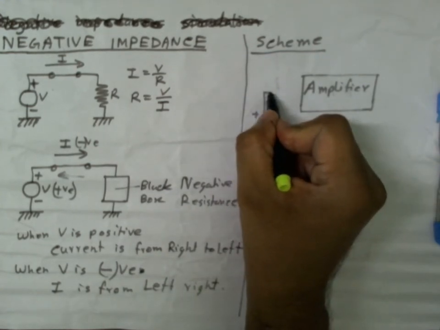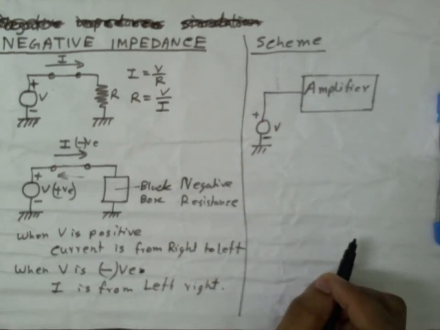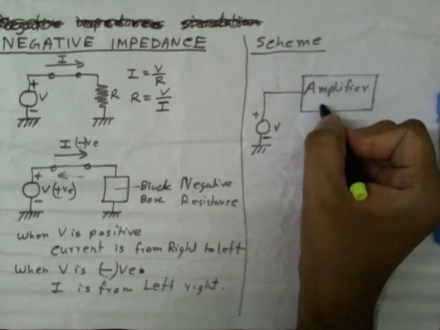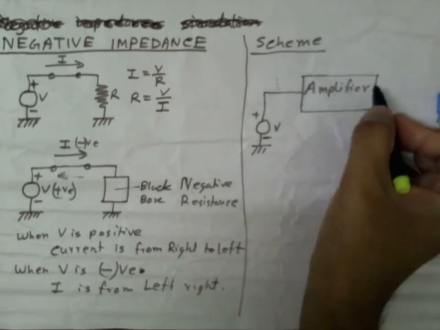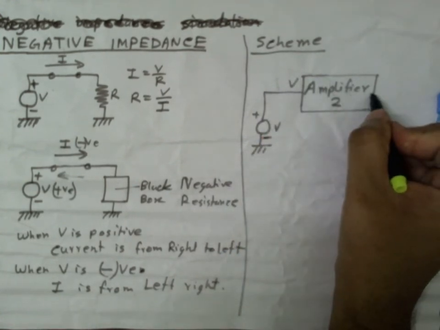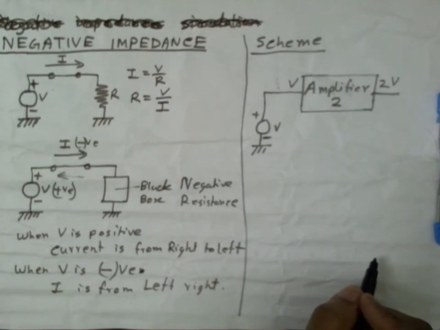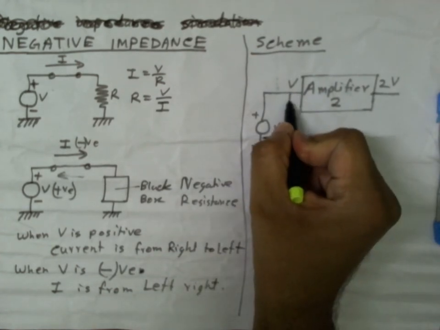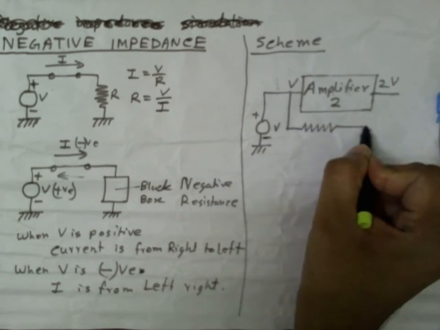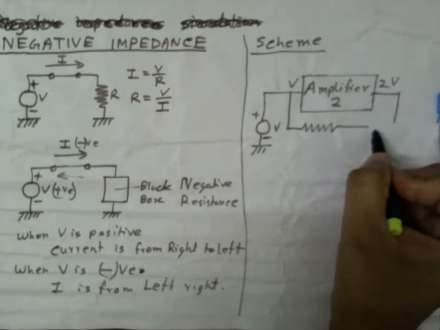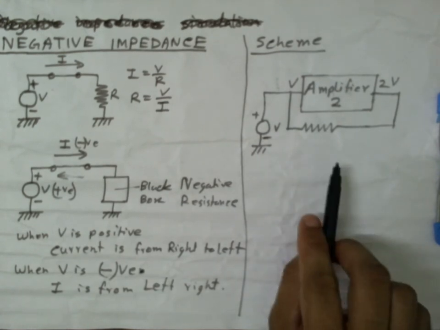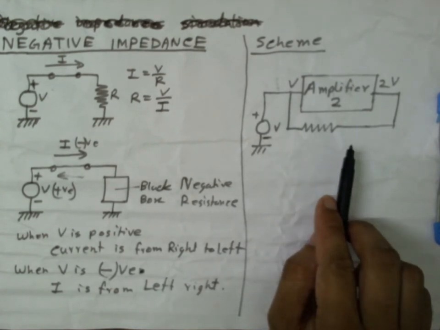So this goes to the input of the amplifier, and say for now let me take that the gain of this amplifier is 2. So if the input is V, then the output will be 2V. Now I will connect this with a piece of resistance, and the other end will be connected to 2V, right? So this is the scheme I'm going to use to simulate this negative resistance.